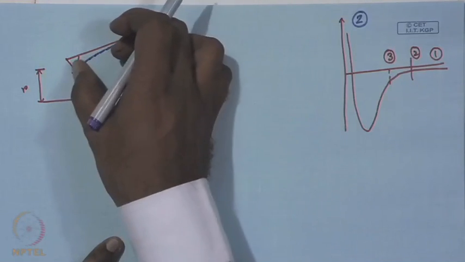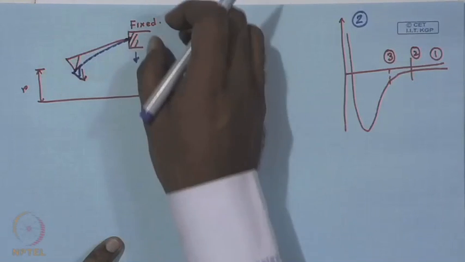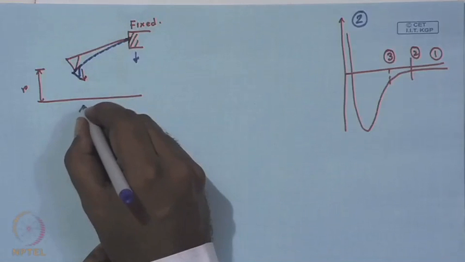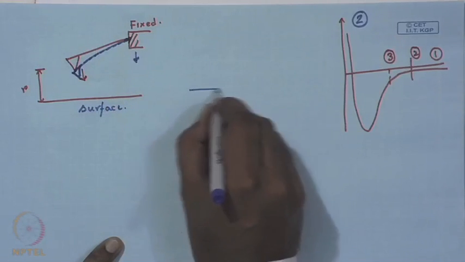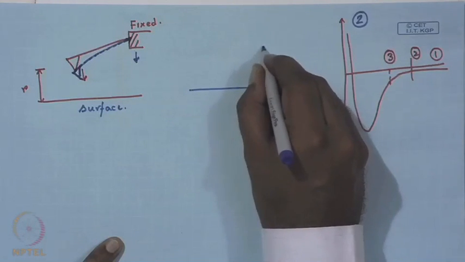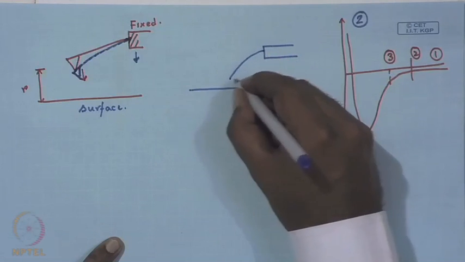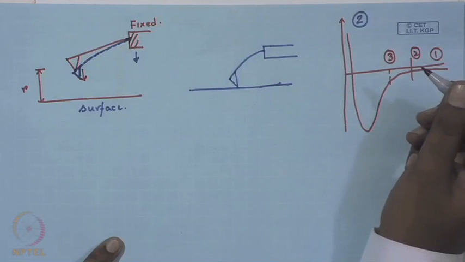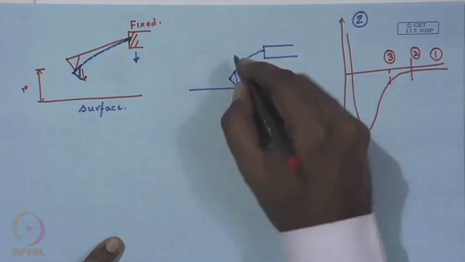So, on one side this bends because of the attraction, and on the other side you are still bringing in the cantilever in closer proximity to the surface. Consequently, after a while the cantilever touches the sample surface.